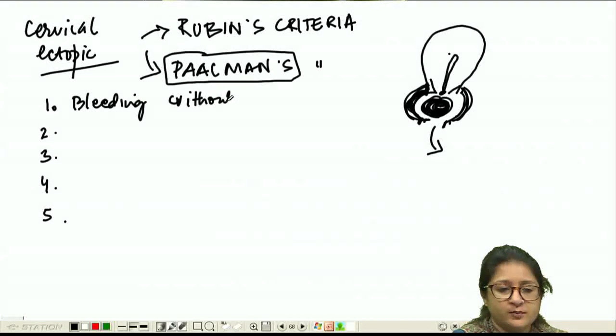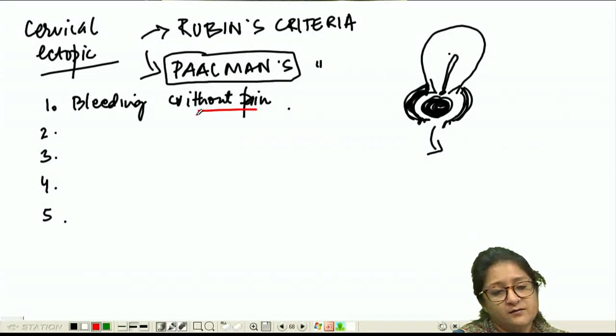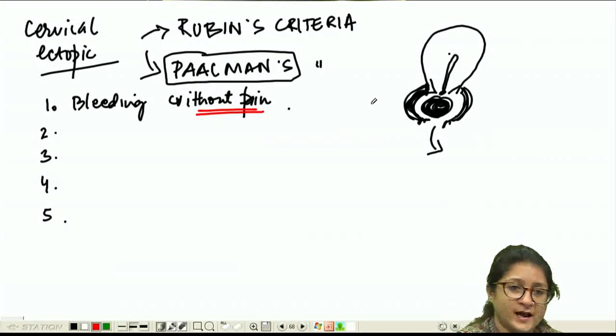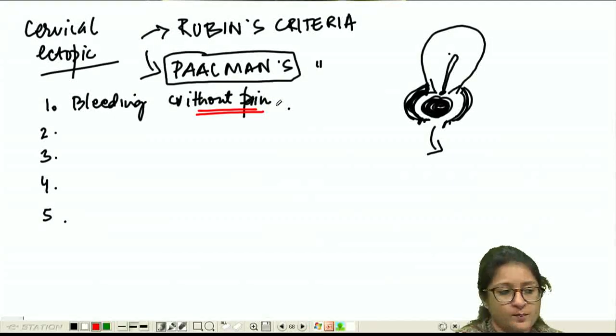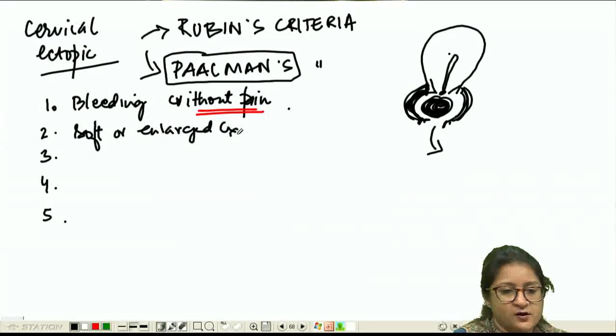right? Bleeding without pain. So here we remember two things, that the pain which happens in the process of abortion happens because of uterine contractions. Since the uterus is empty, there is bleeding but there is no pain. There is an enlarged soft cervix which is equal to or more than the uterus in size.